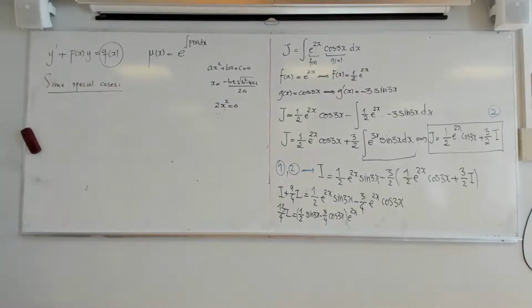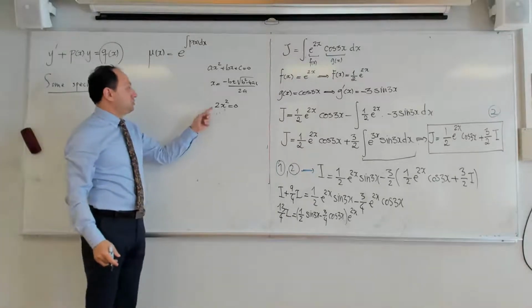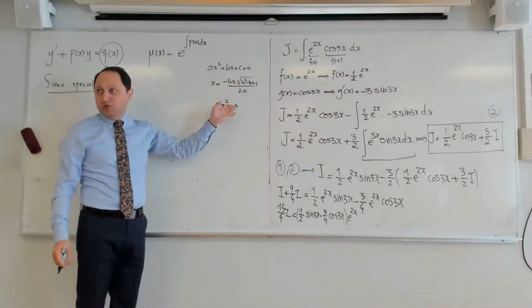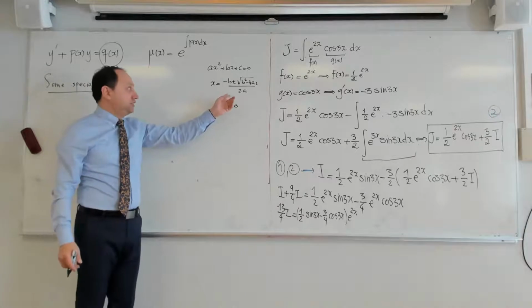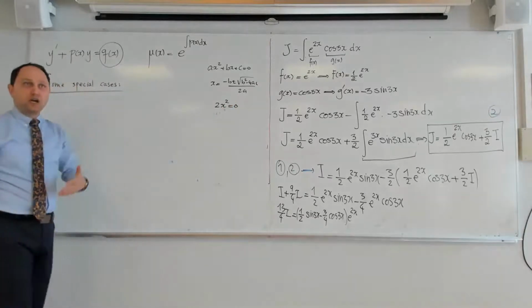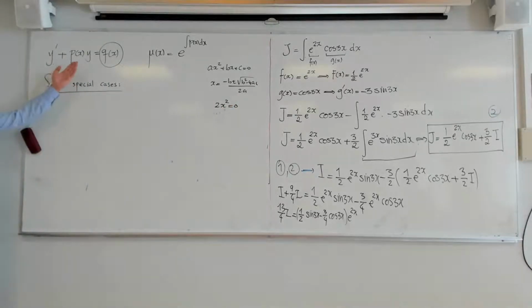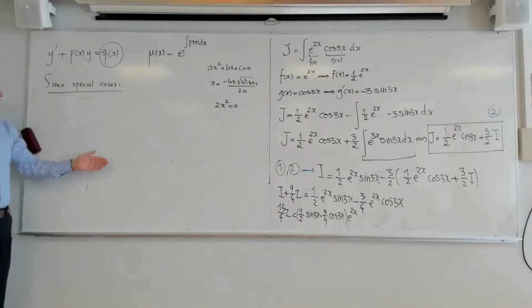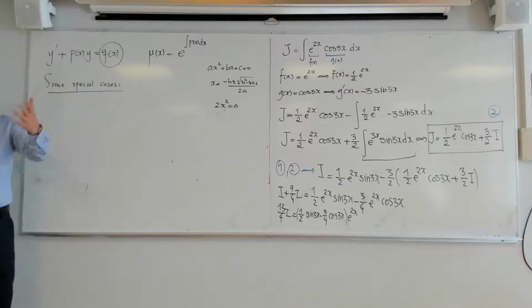Of course, in principle, you can solve it. A is 2, B is 0, C is 0, but no one goes through this formula, even though it's completely correct. That's the same idea. Of course, you can solve all these problems using the formula that I got here, but there are some special cases where you can solve the problem a little bit easier. So let us just do that.